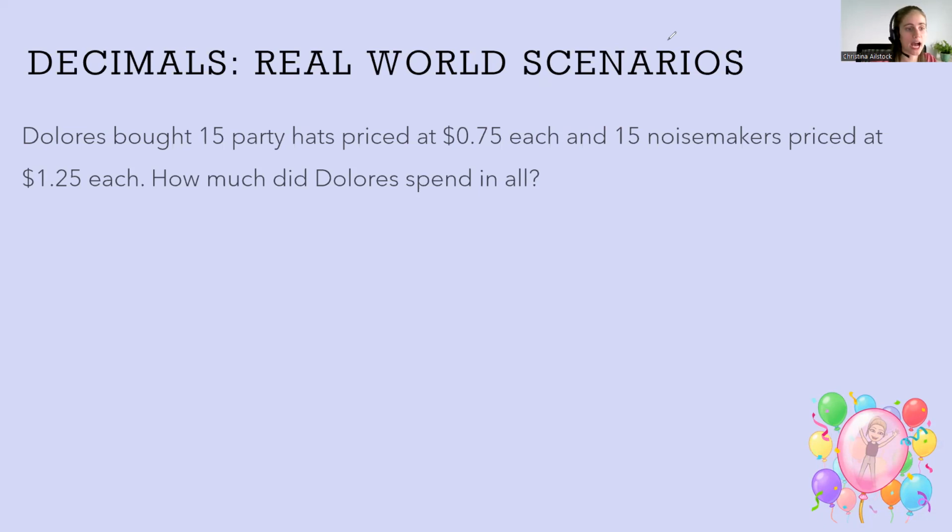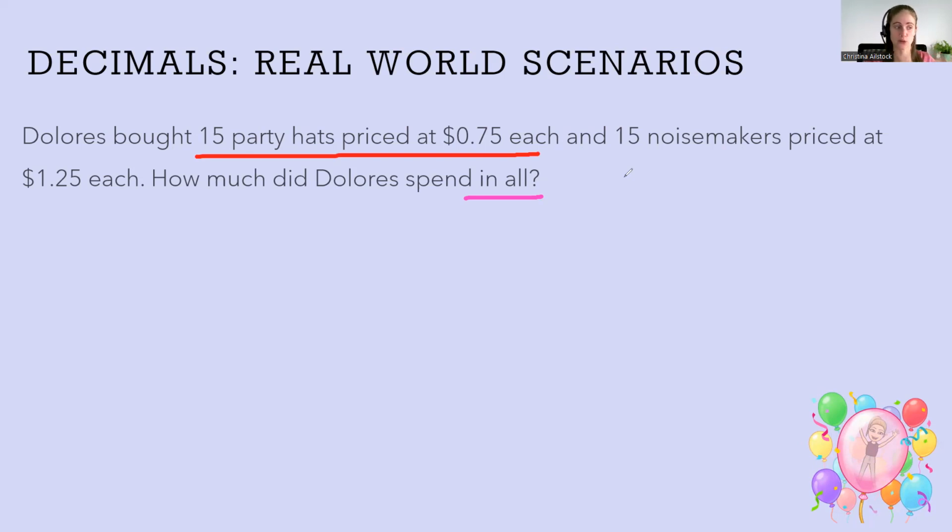Okay, if we want to know how much Dolores spent in all, that initially tells me, oh, I need to add. But if I look a little closer, we need to do more than just addition. We also need to do some multiplication because we know that she bought 15 hats for 75 cents each.